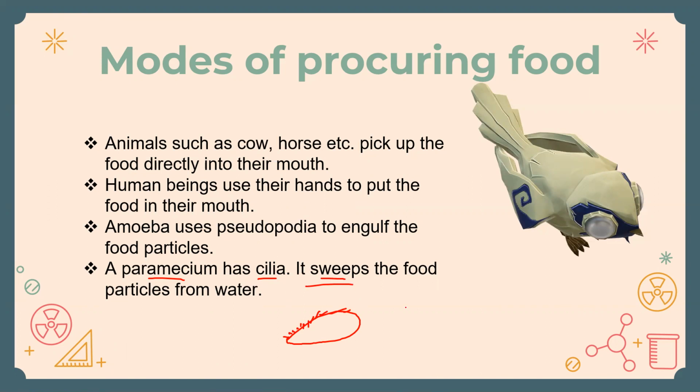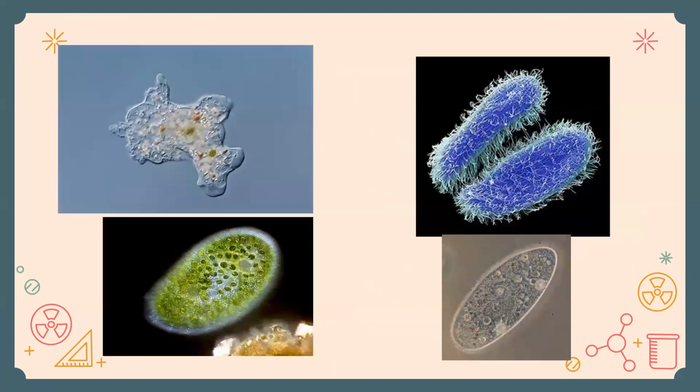You have seen a sweeper; using that sweeper we sweep the floor and remove the dirt. It has brush-like things, so we can sweep with it. In the same way, cilia also sweep the food particles.